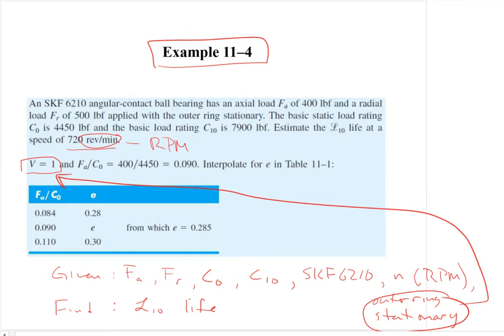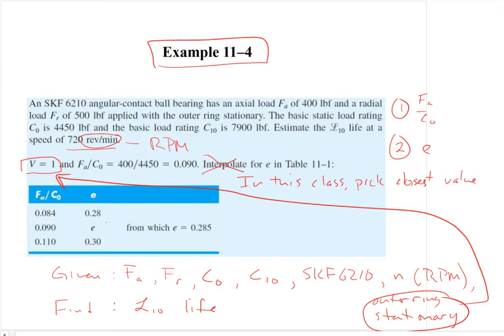Now, the first thing they do is calculate, like I mentioned, FA over C0. And from that, they interpolated E. I'm not going to have you interpolate, so just pick the closest value. So in this class, pick the closest value.